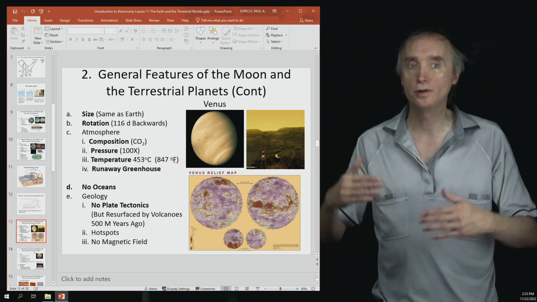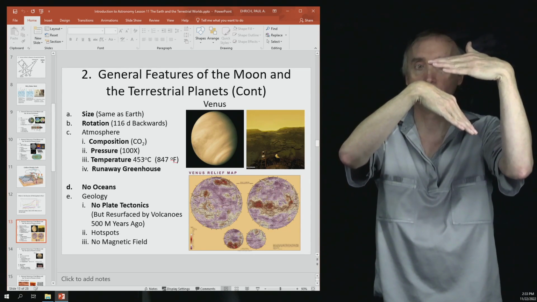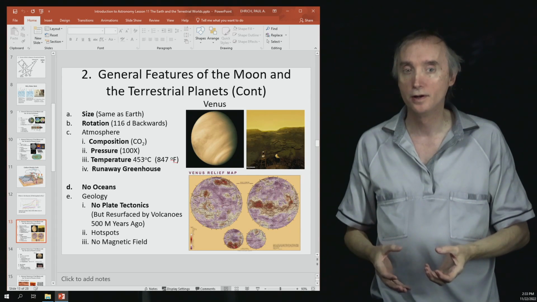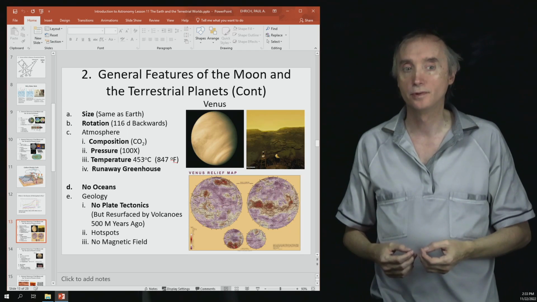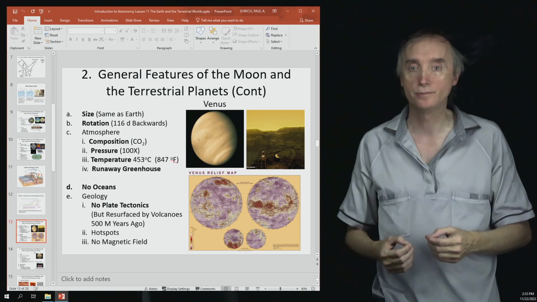So that means that when those rocks are subducted inside the earth, because those rocks are saturated with water, they melt easier, and so then it's easier for plate tectonics to happen.